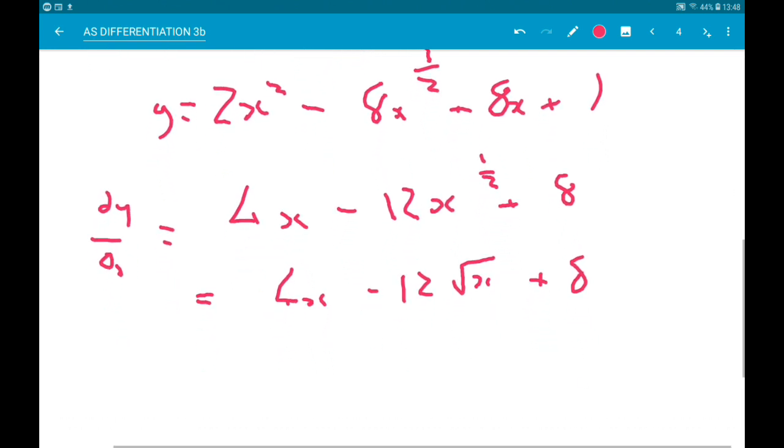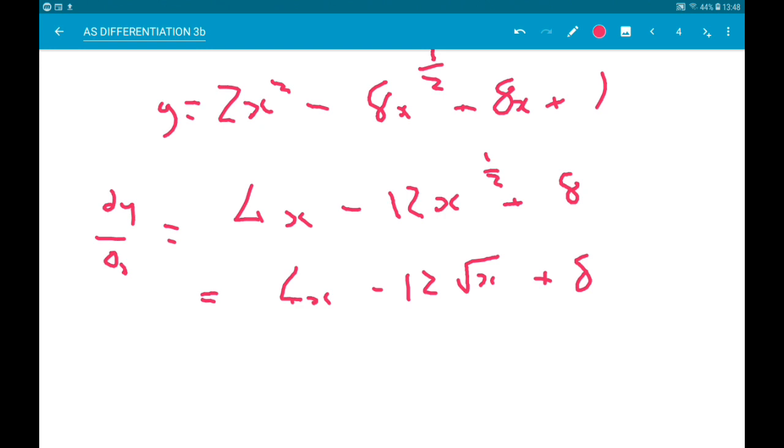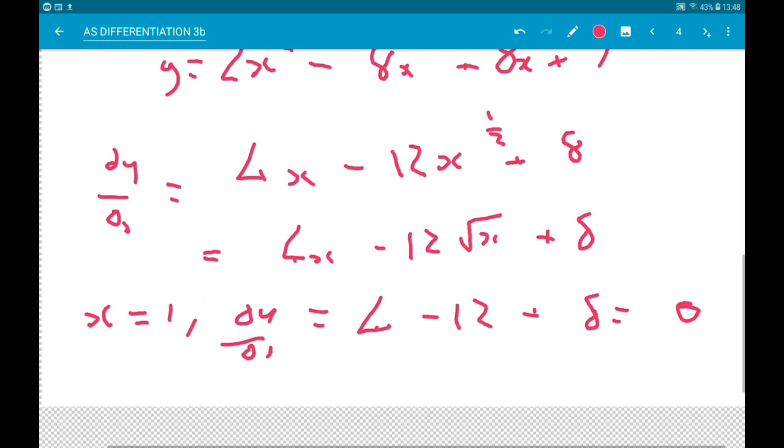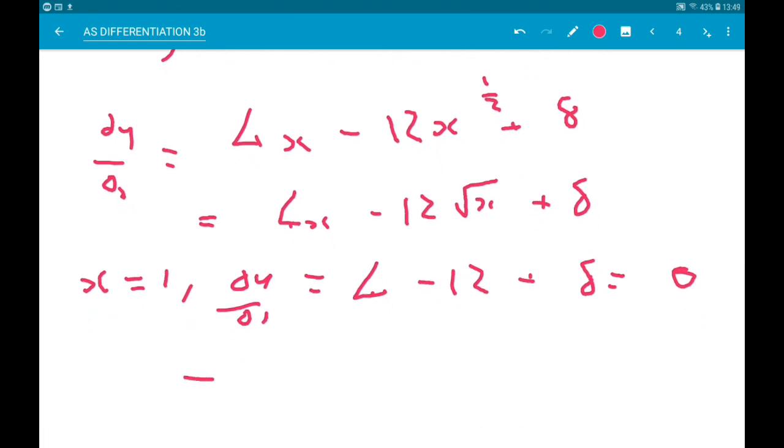Now, when x is equal to 1, dy by dx is 4 minus 12 add 8, which does indeed give us 0. So that tells us 1, 3 is a stationary point.